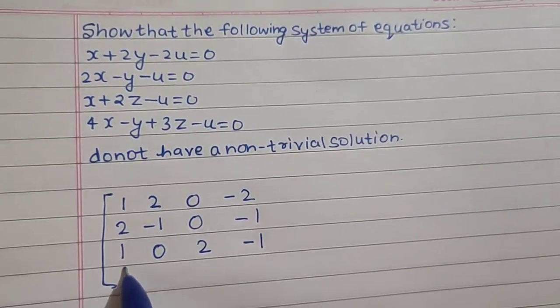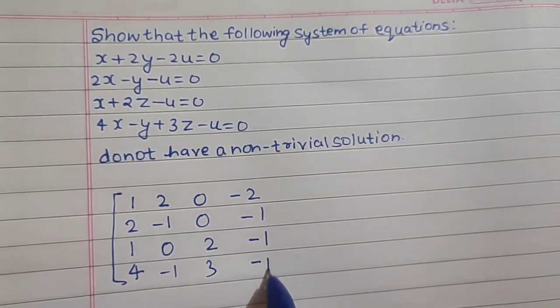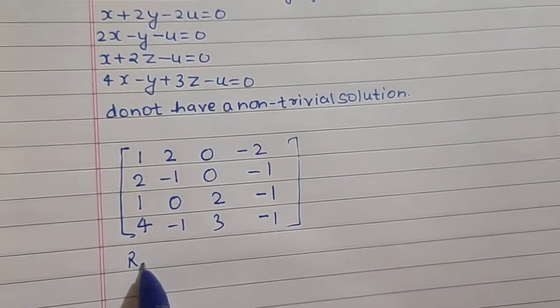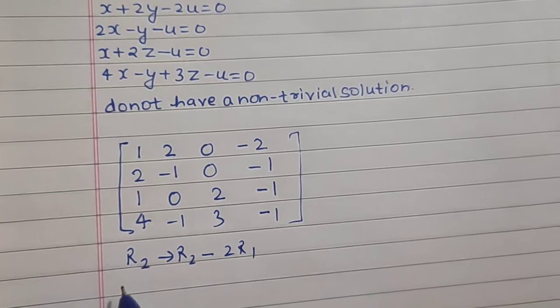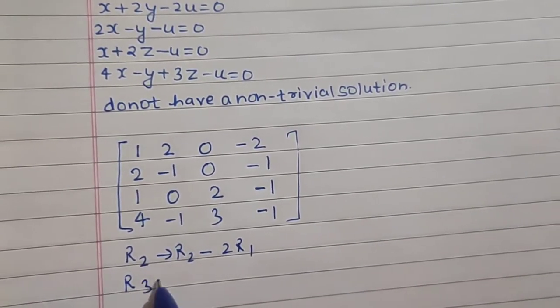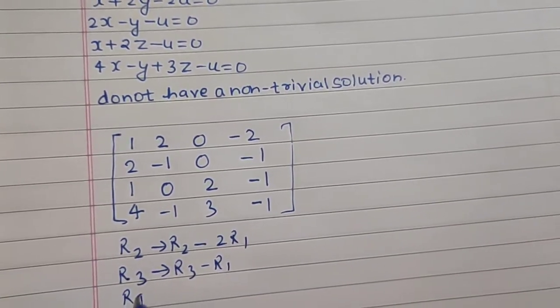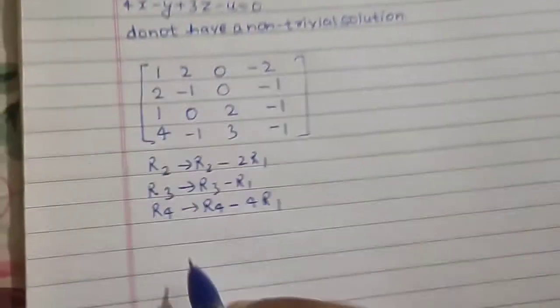Now again we have 4, -1, 3 and then -1. So this is it. Now we can apply the operation R2 to R2 minus twice R1, R3 to R3 minus R1 simply, R4 to R4 minus 4 times R1.